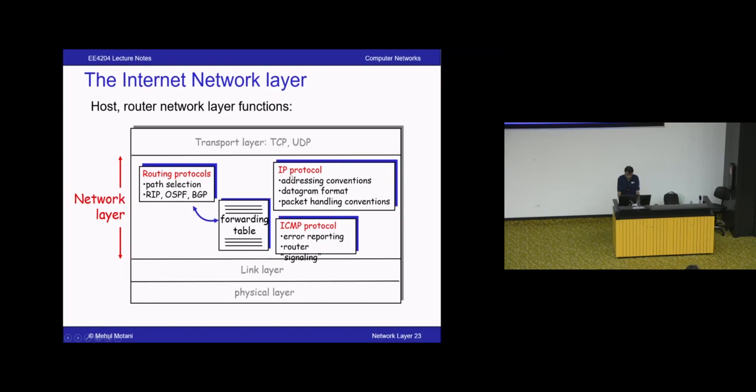So IP deals with addressing, the datagram format, and so on. There's also another protocol called ICMP, Internet Control Message Protocol, and the job of ICMP is just to do error reporting, control messages. Okay. So ping and traceroute fall under ICMP. Okay, you remember on the very first day we met, we did some ping and traceroute. Those are ICMP messages.